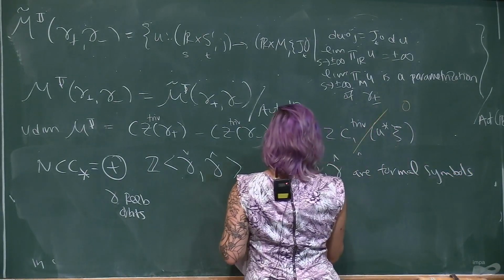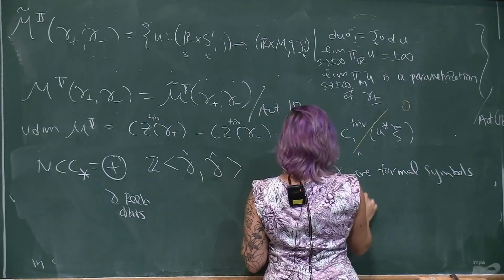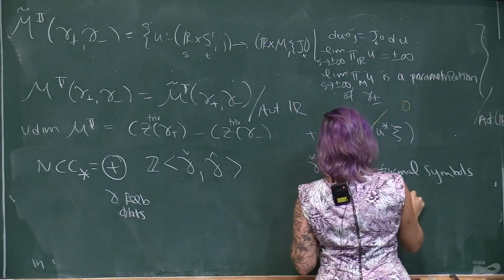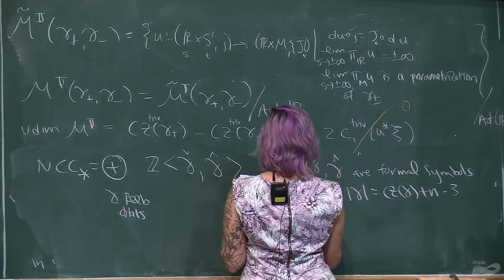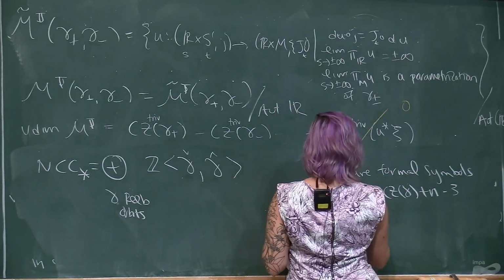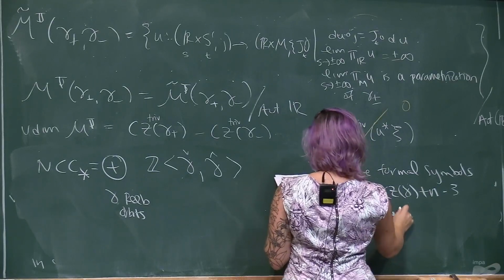So here, gamma check and gamma hat are formal symbols where the grading of gamma check is the same as the grading of gamma, which is the Conley-Zehnder index plus n minus 3. And then the grading of gamma hat is equal to gamma check plus 1.